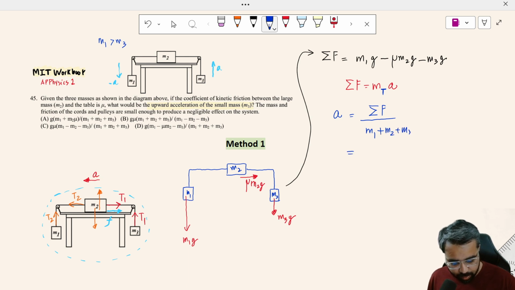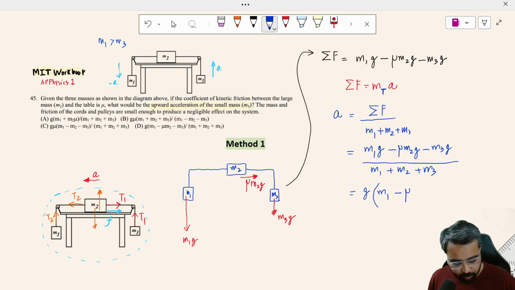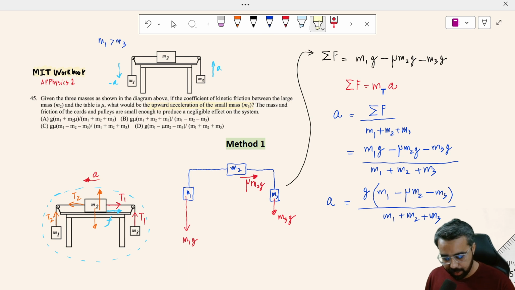So then it is m1g minus mu m2g minus m3g divided by the sum of all masses. Okay, can we take g out of all of these terms? So what we will be left with is that in the numerator, and in the denominator we have m1 plus m2 plus m3. So this is an acceleration not only of m3 but the whole system has this same acceleration. That's why the right answer must be option D.